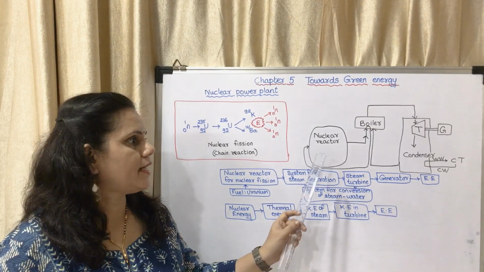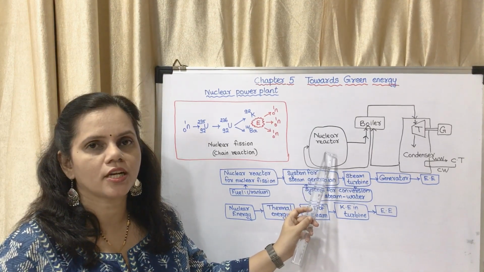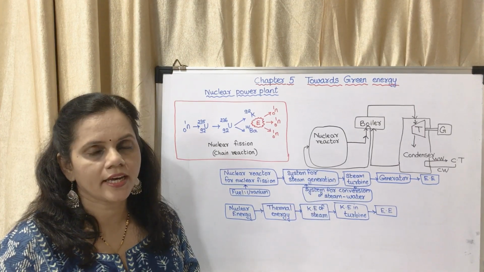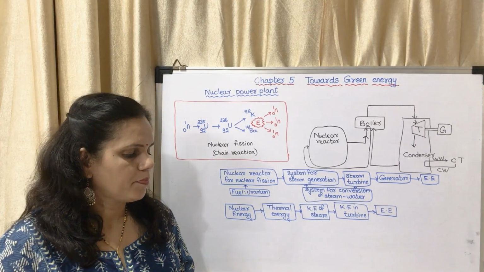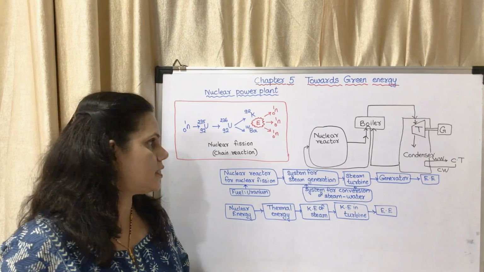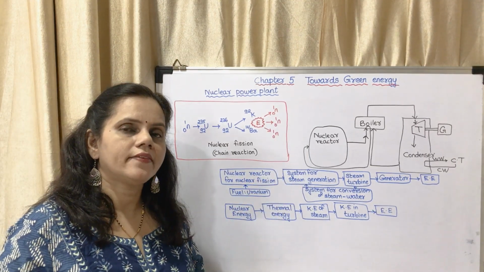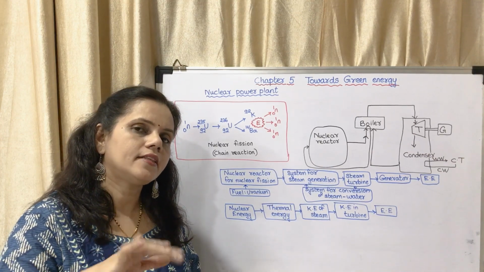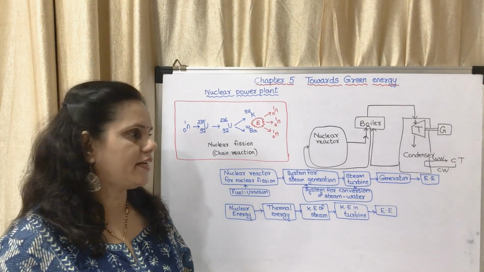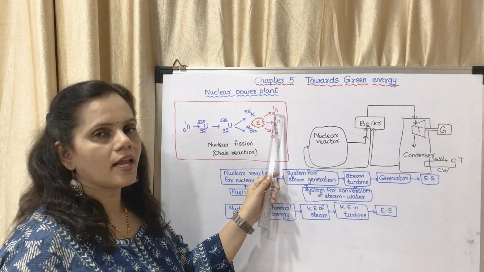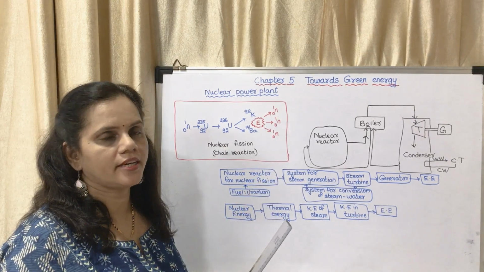This is the reaction which is taking place in this nuclear reactor. These neutrons, what will they do? They will go and collide with other uranium 235 nuclei.